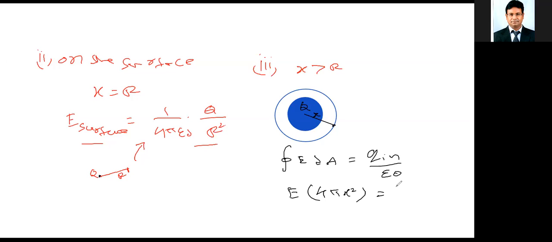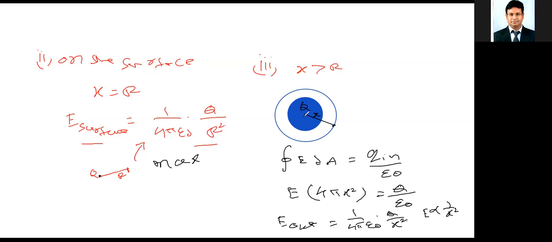So the electric field outside will be 1 by 4 pi epsilon naught into q by x square. So the electric field on the surface is maximum. Outside, the electric field is decreasing inversely as the square of the distance from the center, not from the surface.